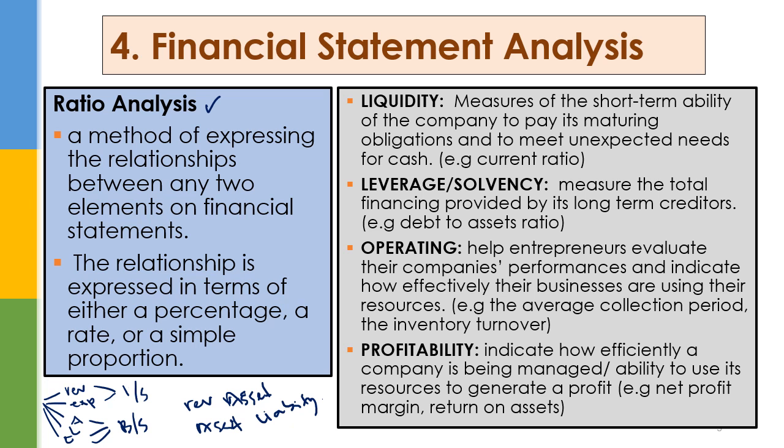The second ratio is leverage, also known as solvency ratio. It measures the total financing provided by its long-term creditors. So in liquidity, we look at the short-term financing or creditors. In leverage or solvency, we look at the long-term creditors. The ratio involved here is the debt to asset ratio.